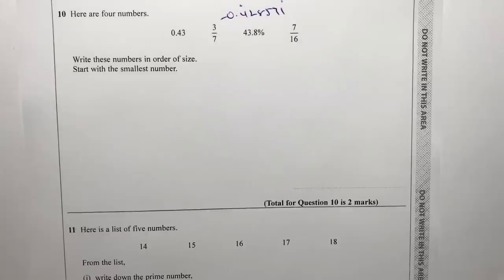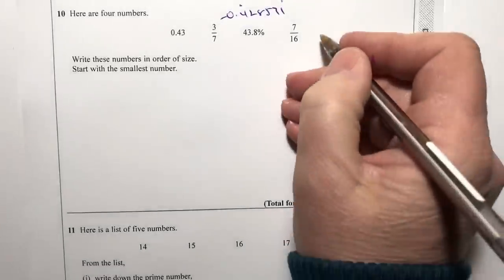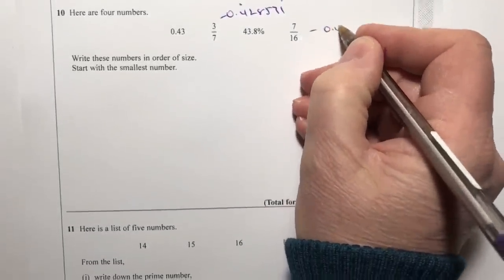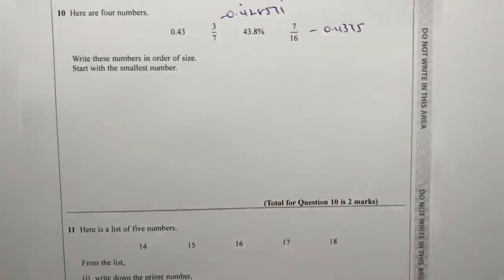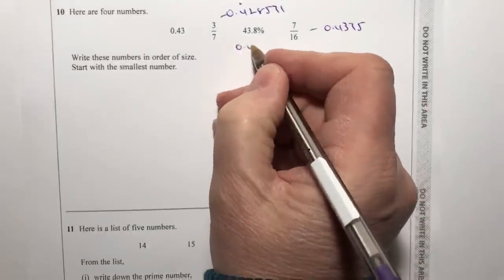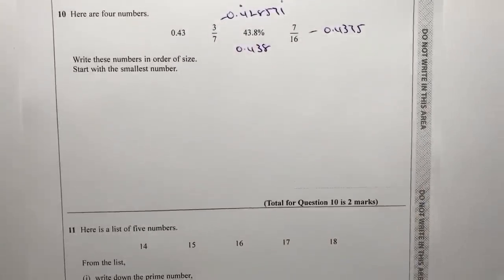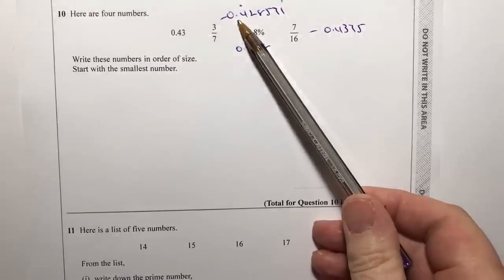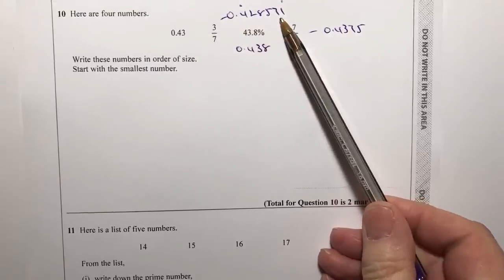And it also tells me that 7/16 is the same as 0.4375. Okay, and a percentage here, well, that's the same as 0.438. Okay, so I've now got all of my fractions and percentages as decimals, so I can just simply write them out in order. And you can see here that 3/7 is going to be the smallest one.